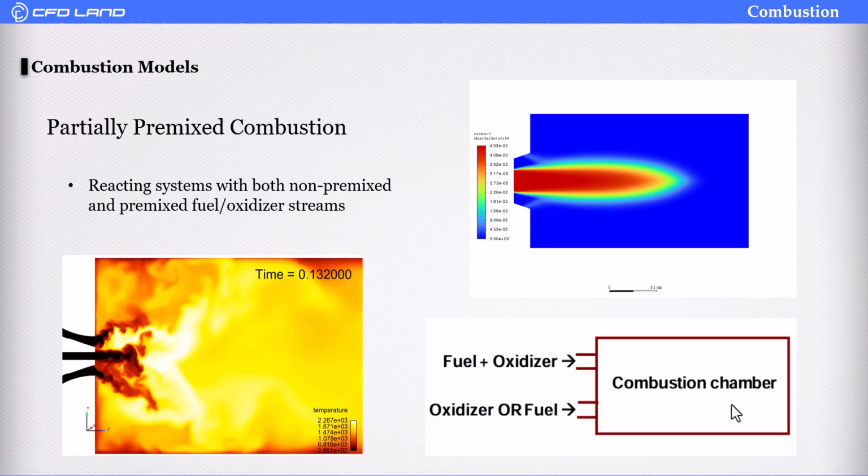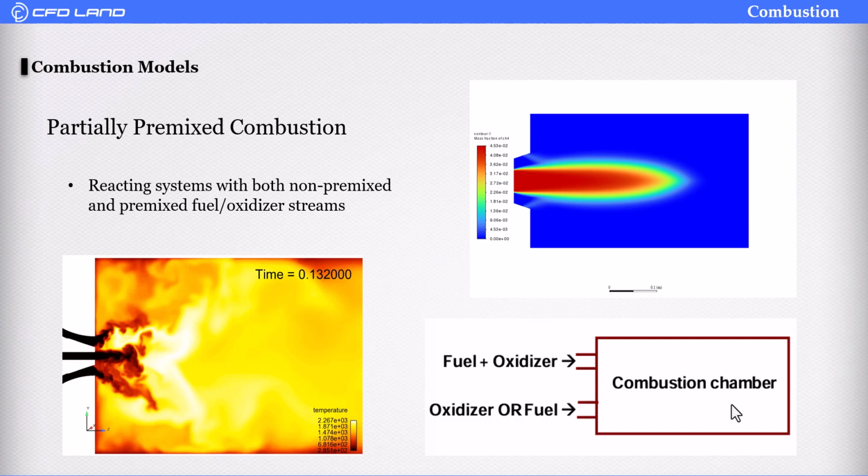Behind the flame front, the mixture is burned and the equilibrium or laminar flamelet mixture fraction solution is used. Ahead of the flame front, the species mass fraction, temperature, and density are calculated from the mixed but unburned mixture fraction.